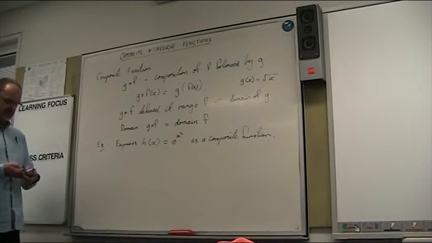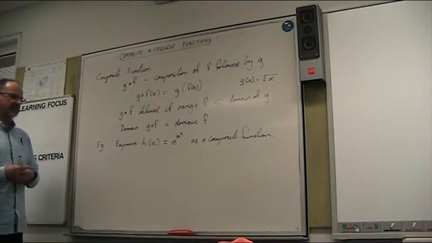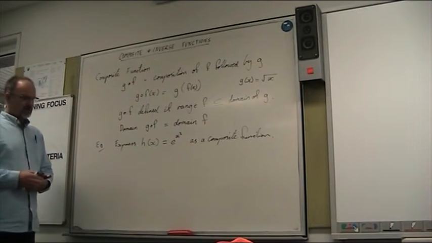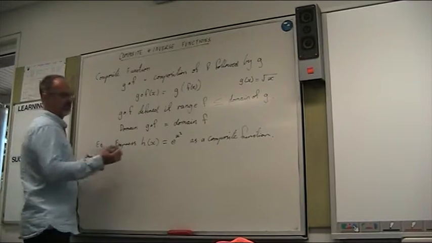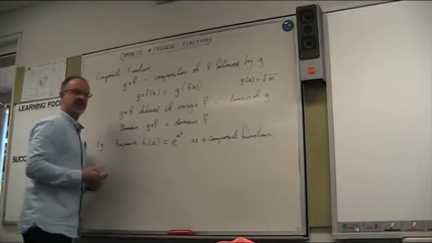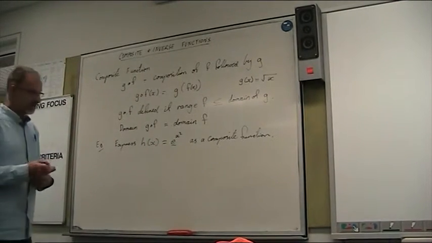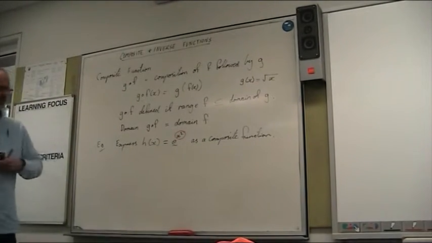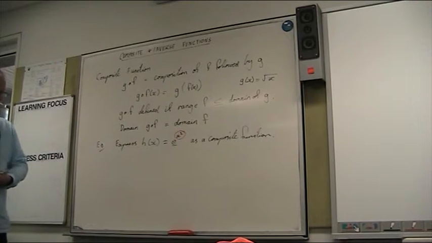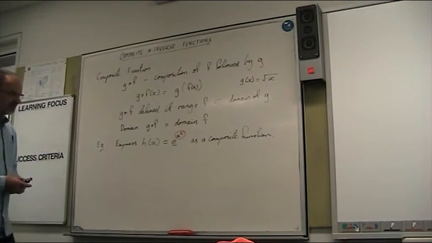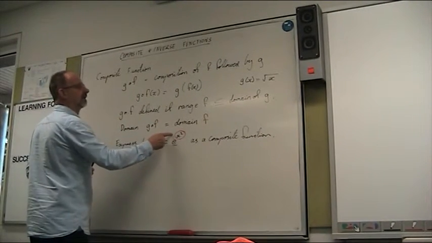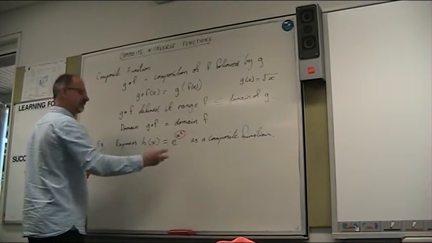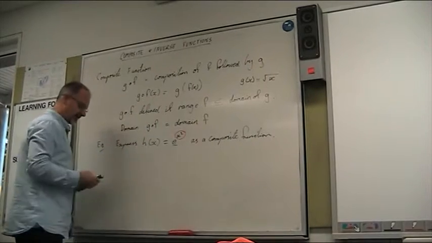Alright, so it says express h(x) equals e to the x squared as a composite function. So when you look at this, we've got two things going on. We've got e to the power of something going on, and the power of something is also a function. It's x squared. So if f(x) was x squared, then you'd stick that in the e to the power of.